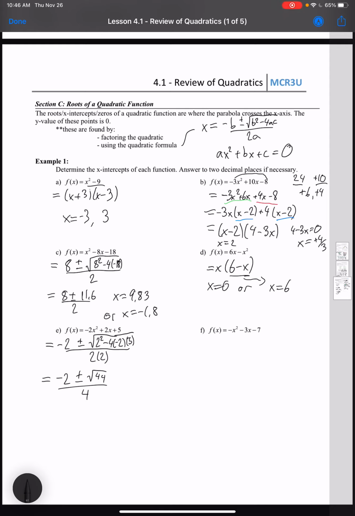And then just go through and calculate that out. So you should get something like negative 2, let's do the positive one first, so plus root 44 divided by 4 should give you 1.16, or if you do the other one, so negative 2 minus root 44, in that case what you're going to get is negative 2.15, or 16 if you're rounding properly.